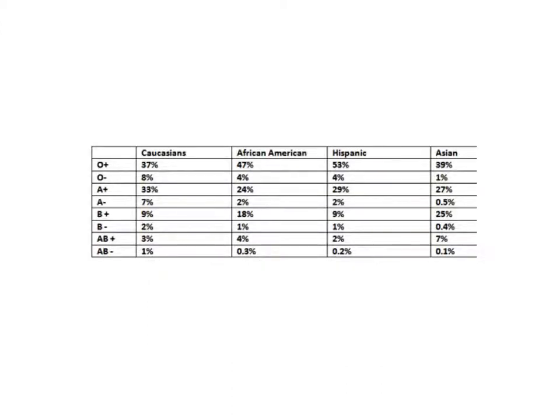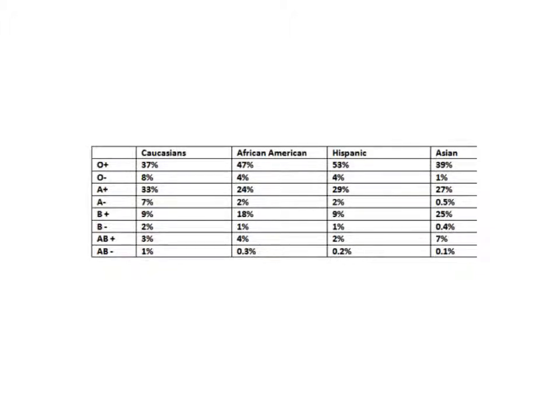This is just a little, I don't remember what year I got this from, but this just shows the percentage of the blood types based off of ethnicity. And of course, in our society it becomes more and more difficult since we are a blended society. But you can see over 1/3 of the Caucasians / European Americans is O positive.